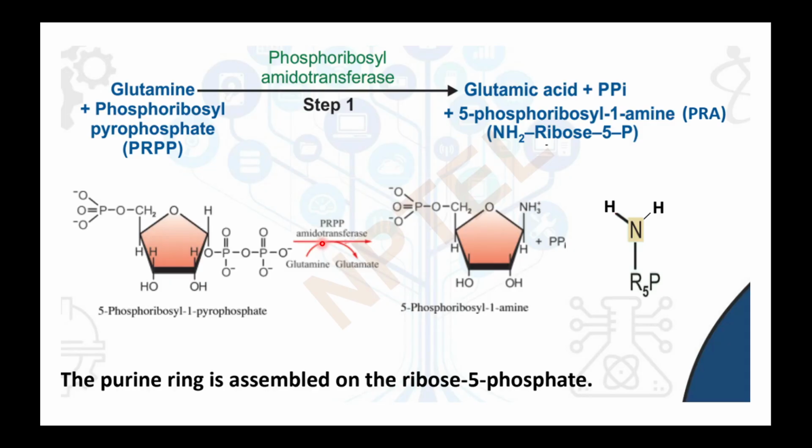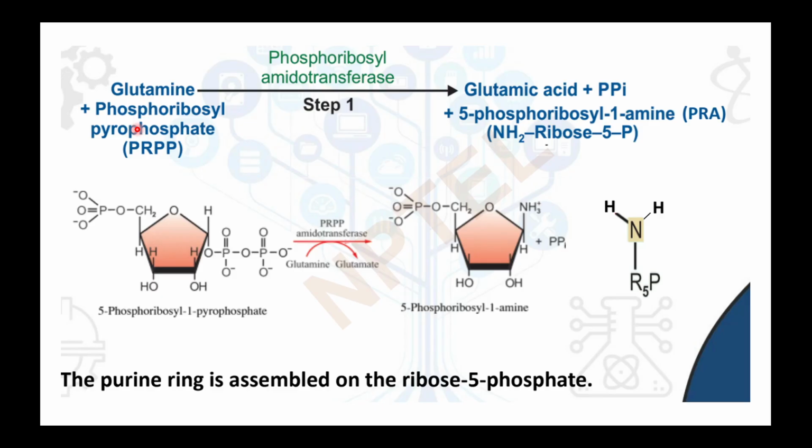So this is the first step in the de novo biosynthetic pathway of purine. You saw in step 0, the preparatory phase, we got PRPP, phosphoribosyl pyrophosphate.